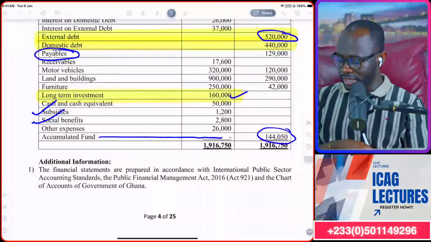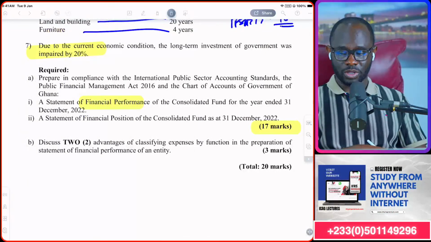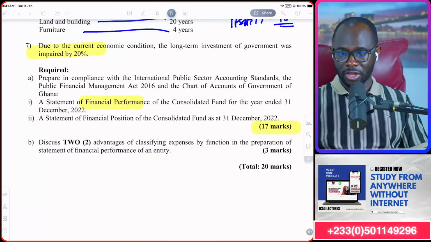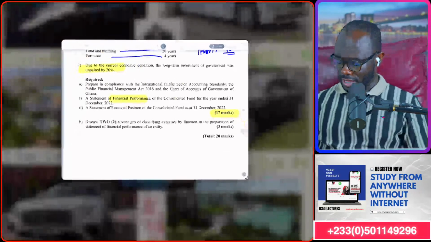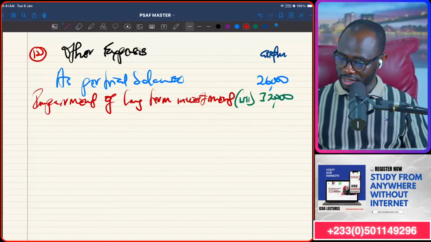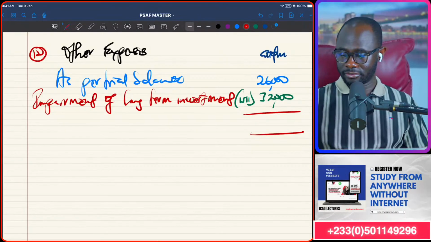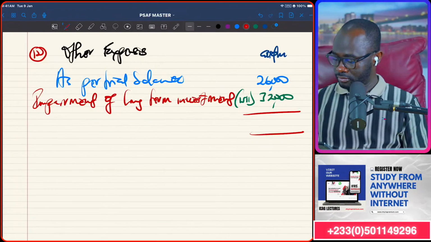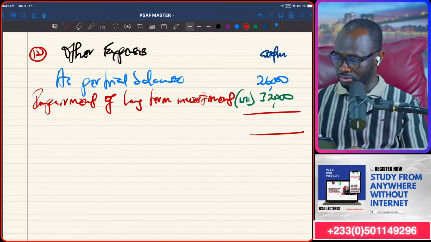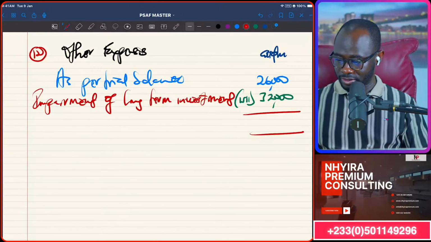Right. So these are the things. It looks like we are done with the notes. So let's see if we can put the pieces together real quick. So the other expenses, let's add it up quickly. 26 plus 32, that'll be 58,000.